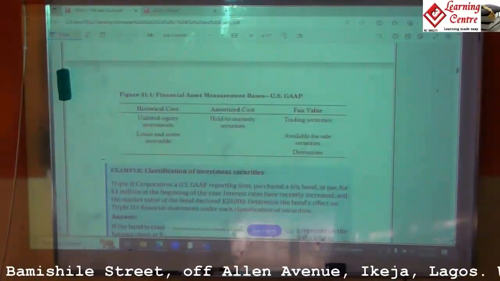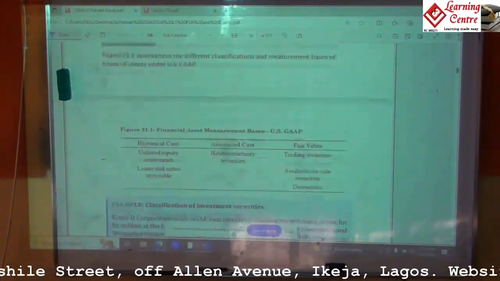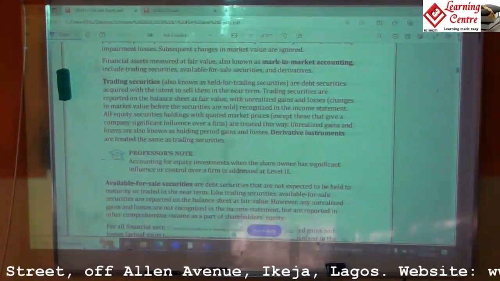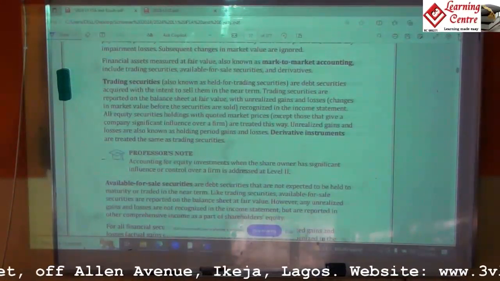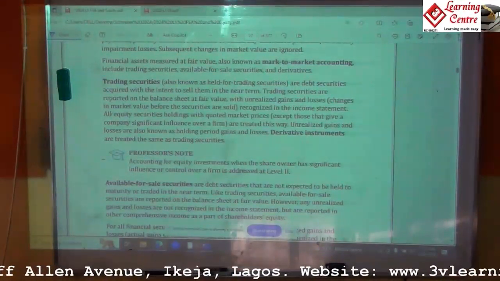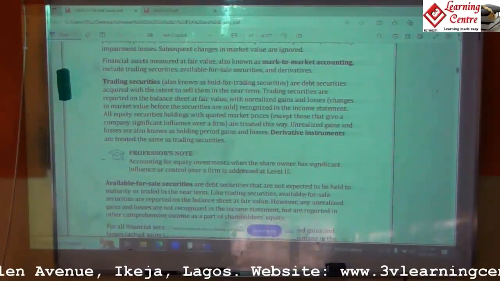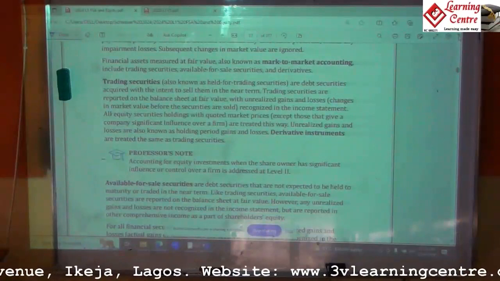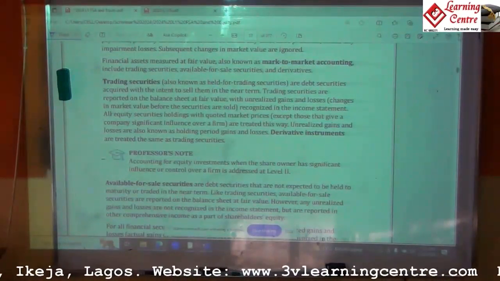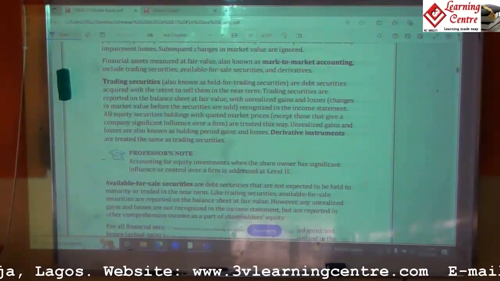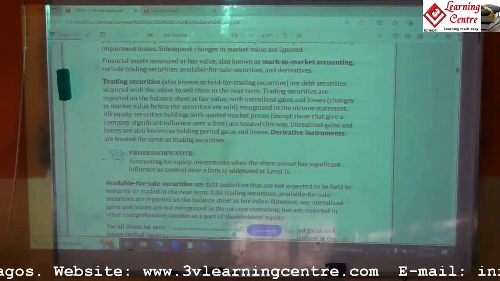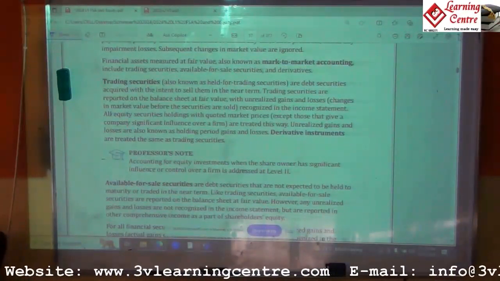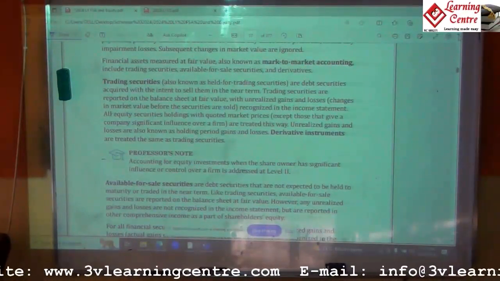You can put it anywhere, but not just as investment property. Just find a way to categorize it. You can put it as probably deferred income or something like that, but not as investment property, because they believe that a fraudulent way can be manipulated to make crazy money from it. So there is nothing like investment property under US GAAP.